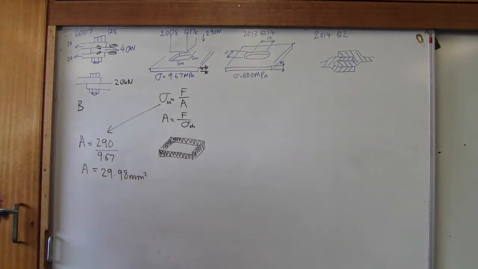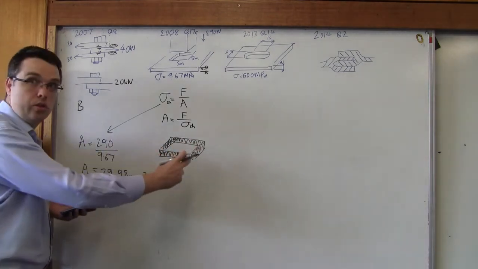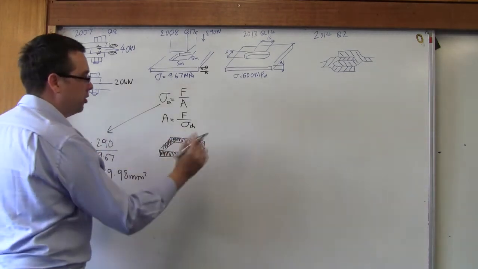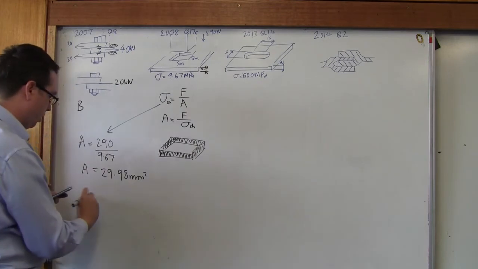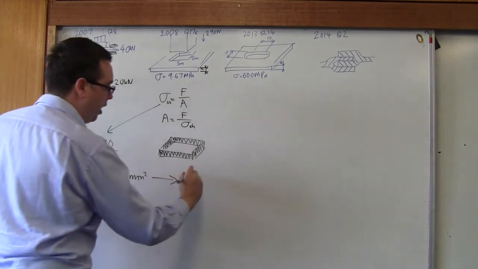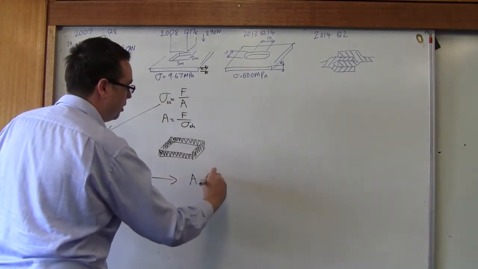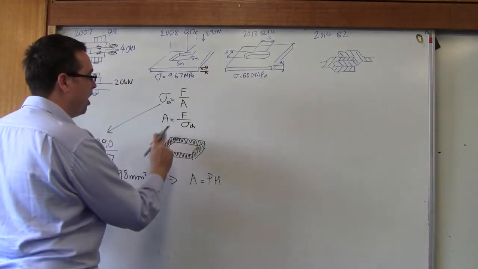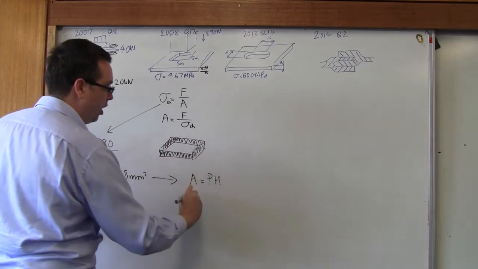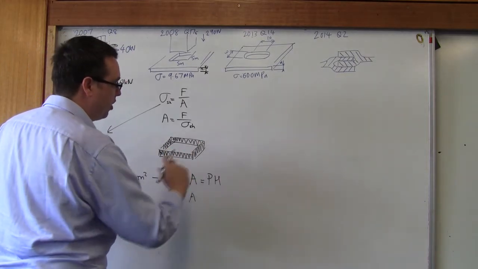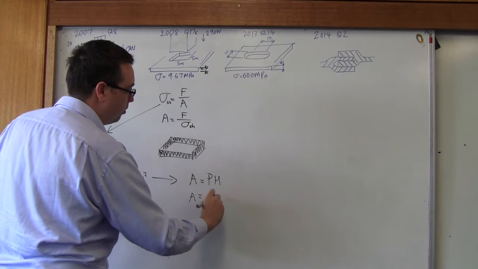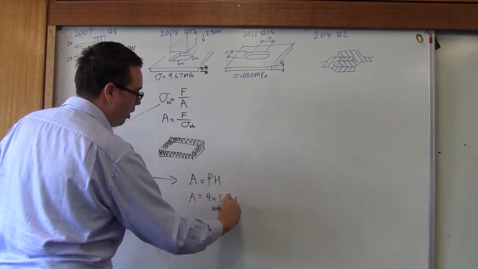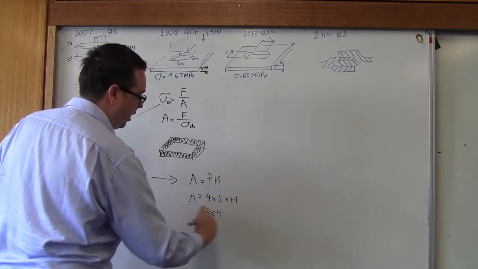Now what we need to do though is find this thickness. So what is the perimeter? Our area is equal to perimeter times height. Our perimeter is equal to 5 plus 5 plus 5 plus 5, which is 4 times 5 times height, equal to 20h.